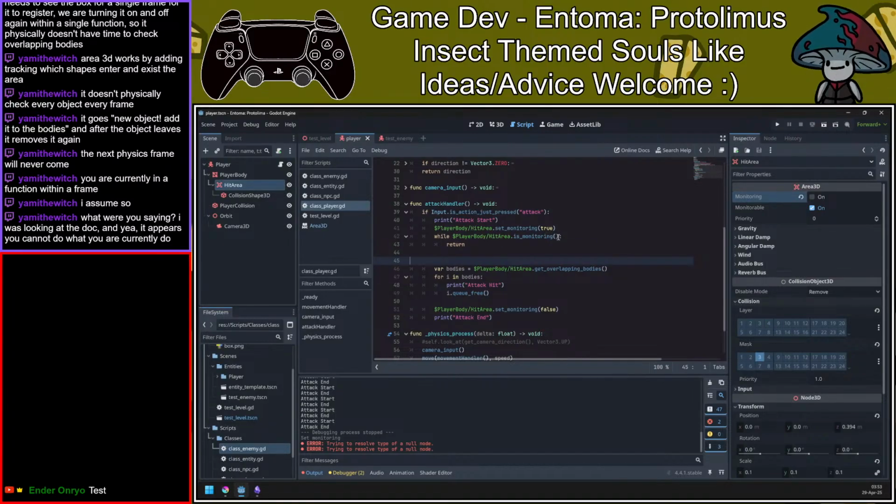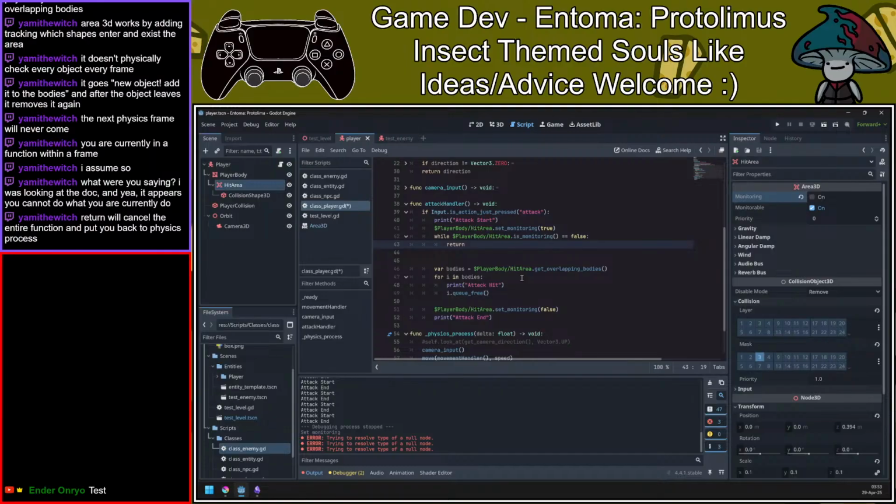So... I was looking at the doc. You cannot do what you are currently doing. Right now, I'm just wanting to wait until it actually finishes setting it to true. If that's the issue, if we're turning it off too fast. Return will cancel? Oh, is pass the one I want? Because I wanted to just do nothing and then just keep looping to just wait until the thing happens.